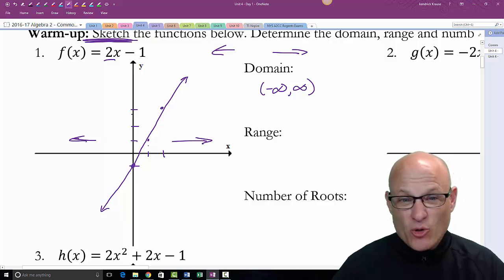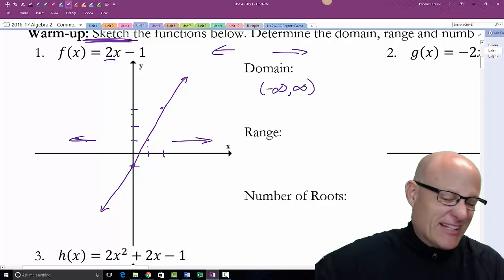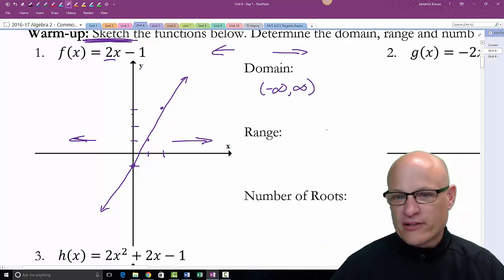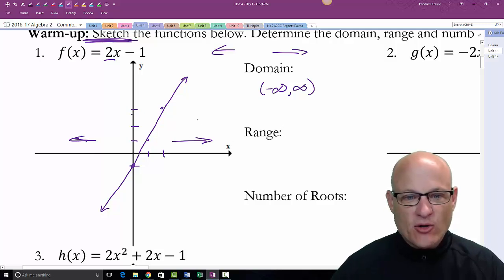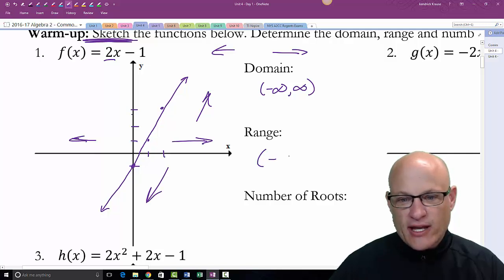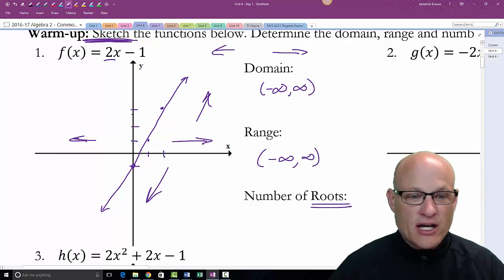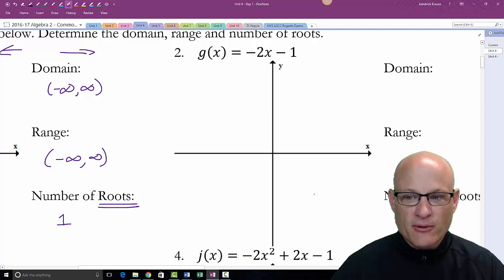Generally, when you have arrows and they've got even the slightest bit of left and right movement, it's going to be -infinity to +infinity. Again, it's going forever and ever up and forever and ever down. So my range is -infinity to +infinity. Now the number of roots or solutions is the number of times it's going to cross the x-axis. So in this case, it's just 1.